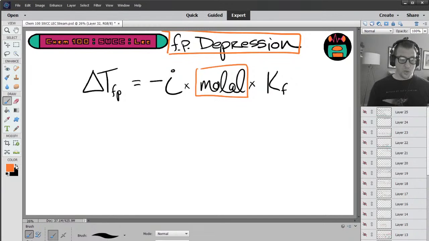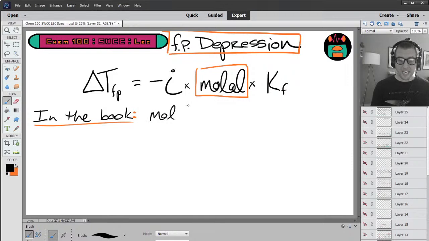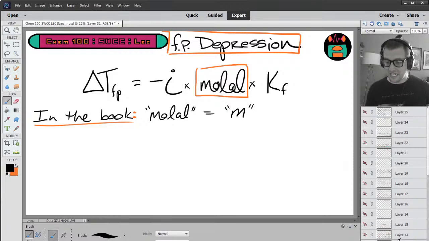This one's a weird one. So in the book, what I have written here as molal, the book just writes as M. Technically, it's not just M. It's M in italics.